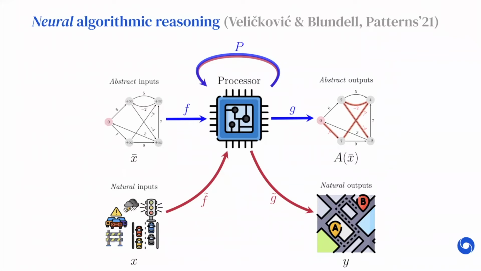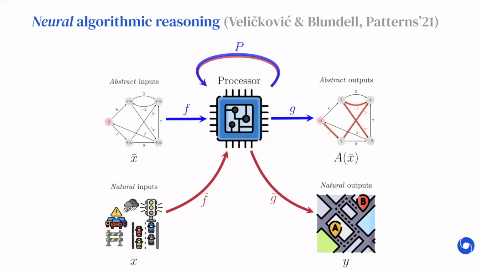You instead try to capture the algorithm in a high dimensional neural network's operations. So that would be the pre-training pipeline here at the top. I can synthesize a huge number of examples for Dijkstra's algorithm or something like this, and teach a neural network, like a graph neural network processor, to imitate the steps of that algorithm in this encode, process, decode pipeline.